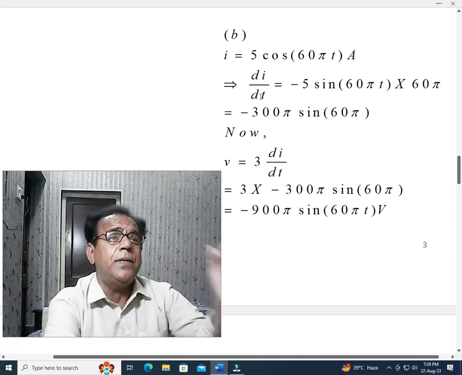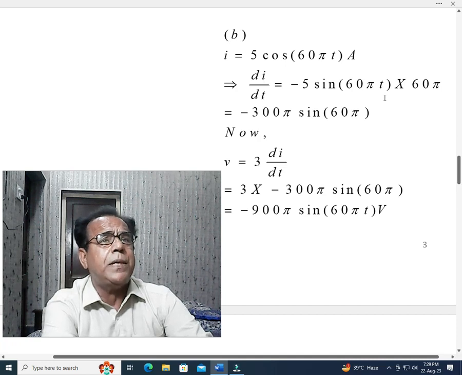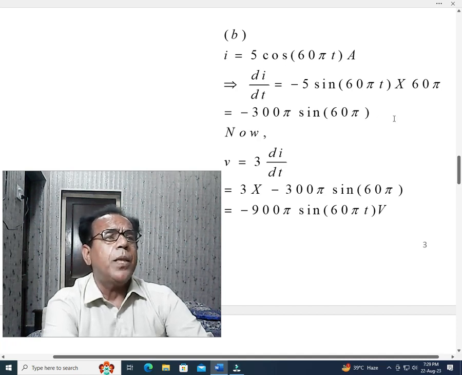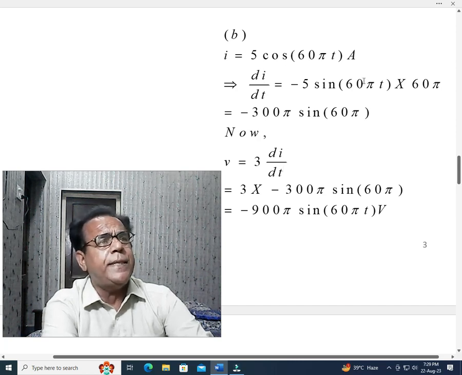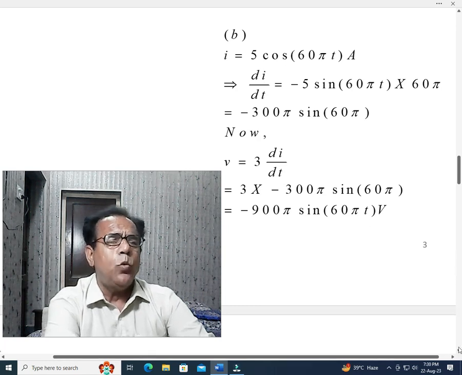Now we come towards part B, in which i is equal to this, and di by dt, that is its differentiation with respect to t, becomes so and so. And v is equal to 3 into di by dt, so this factor will be multiplied with 3, and hence we will get this.